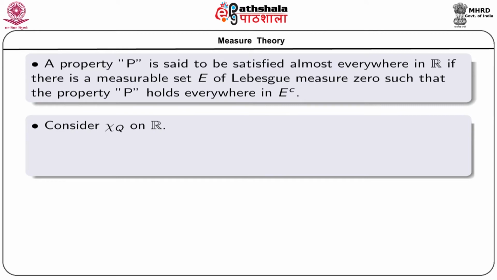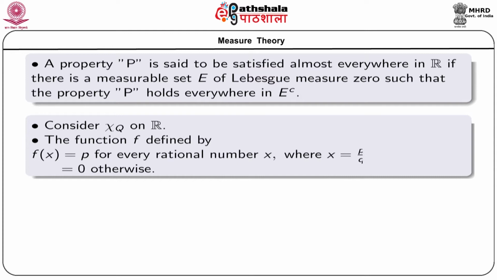Consider the function chi_Q on R, that is the function which takes the value 1 at all rational numbers and takes the value 0 at all irrational numbers.